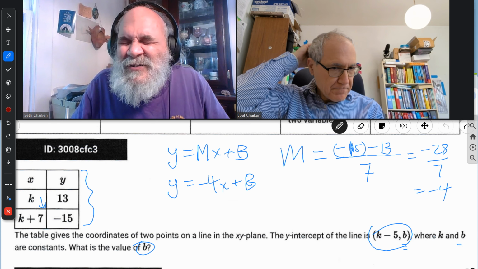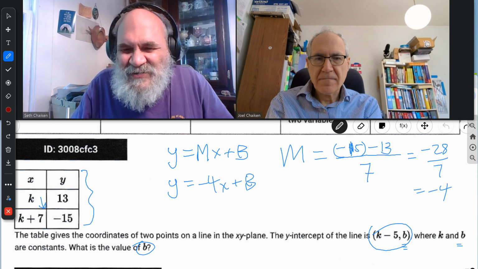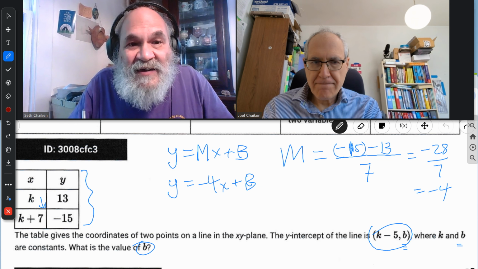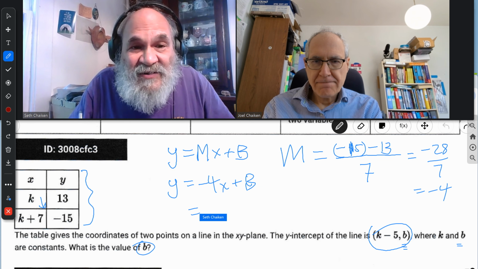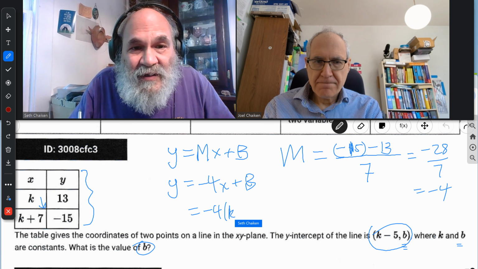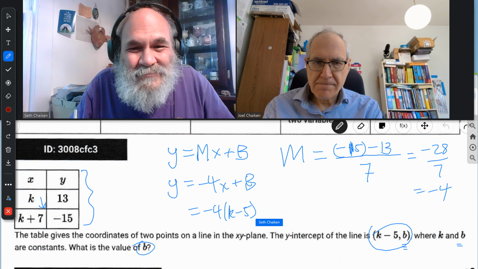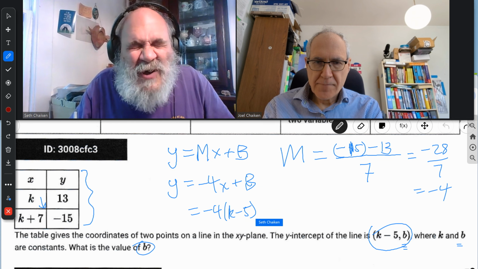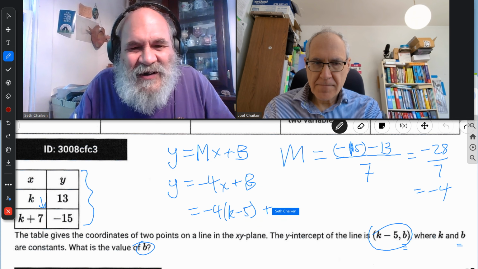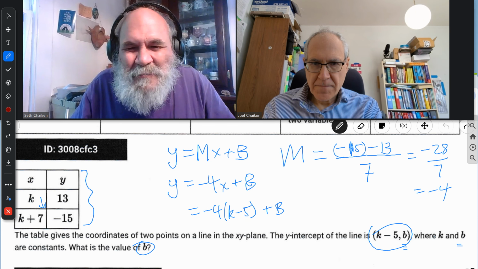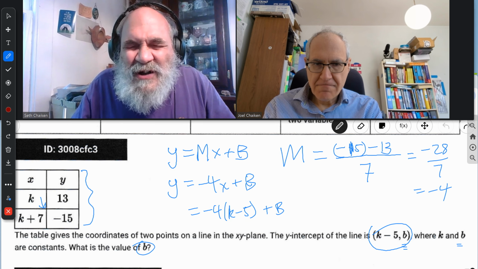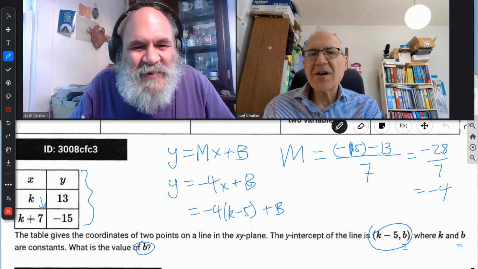So when x is equal to k minus 5, then y should equal lowercase b.